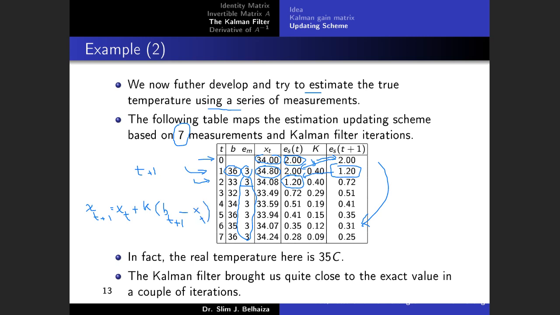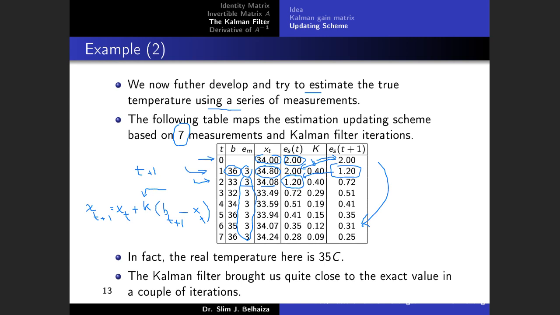Okay? And every time, of course, you need to use the updated Kalman gain, or Kalman coefficient. So with this new measurement of 33, you can easily do the math. So you can get 34.08 as a new estimation.